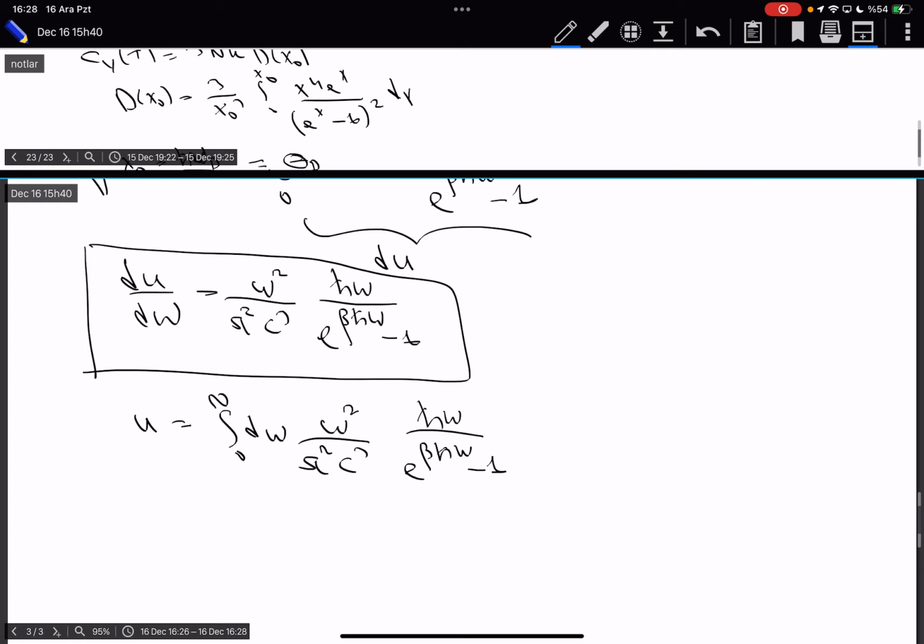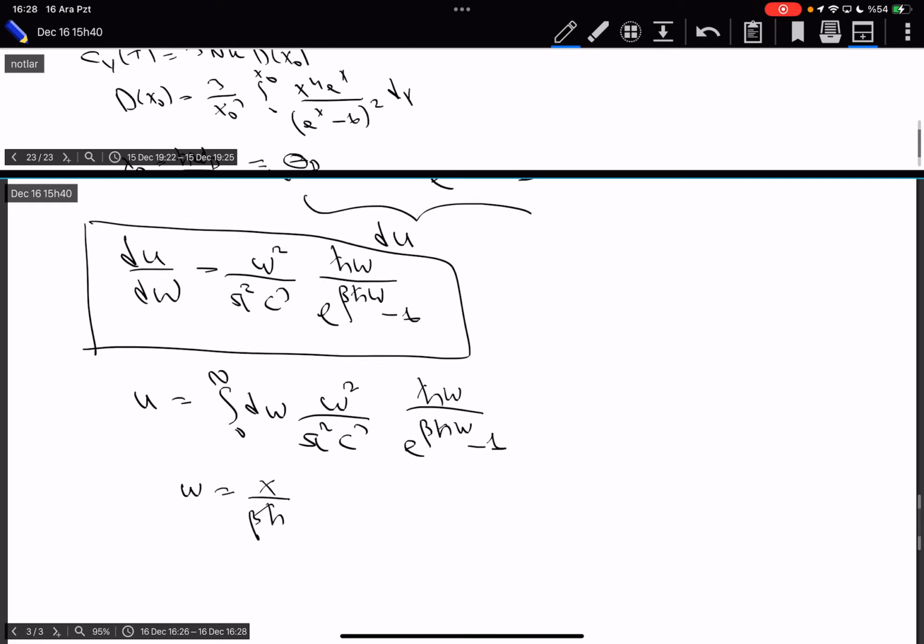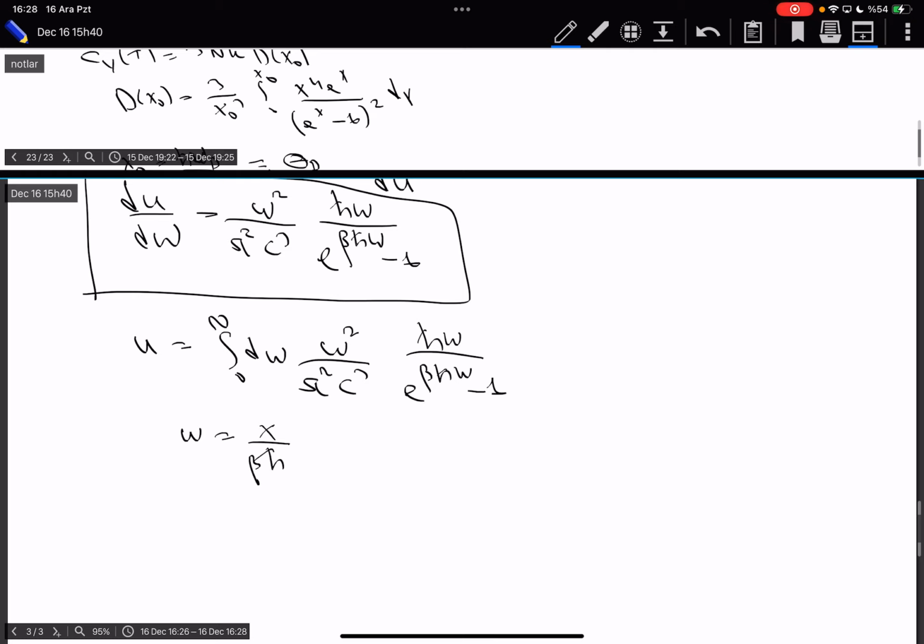Let me make a change of variable: omega is equal to x over beta h bar. So u will be 1 over beta h bar cubed, and there's another h bar omega, which gives x to the fourth power overall.